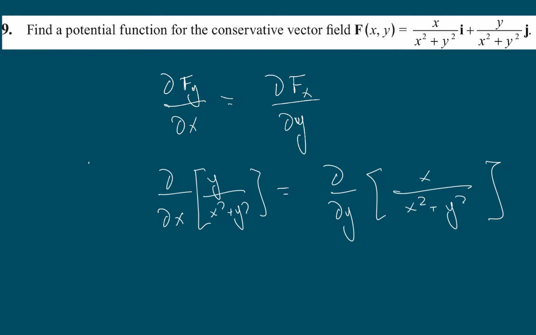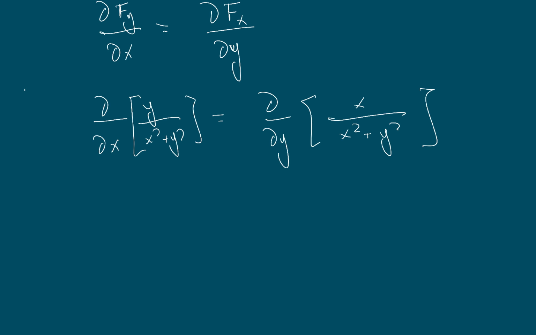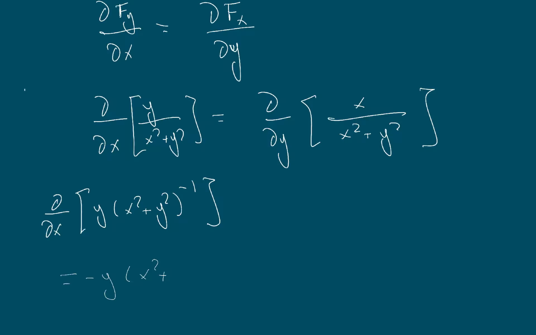This should be equal. Let's check. So the derivative with respect to x of y multiplied by (x squared plus y squared) to the minus 1 is equal to y times minus (x squared plus y squared) to the minus 2, and the internal derivative with respect to x will produce 2x. So for this side we have this.